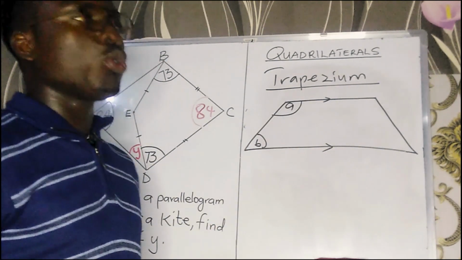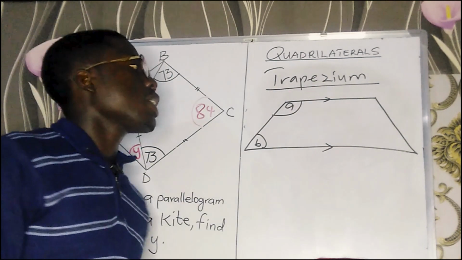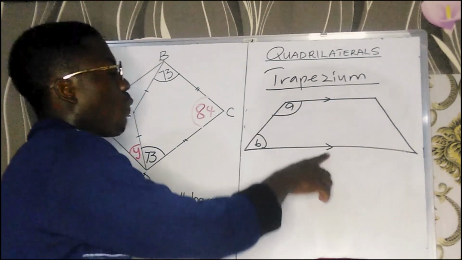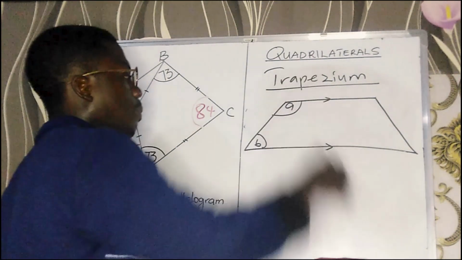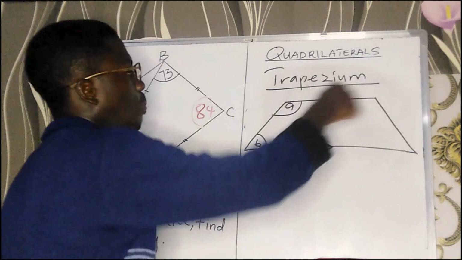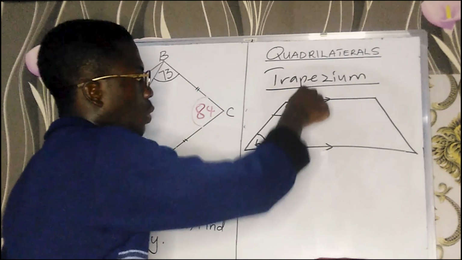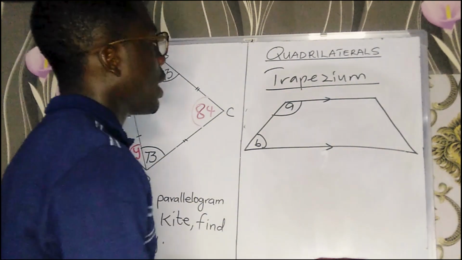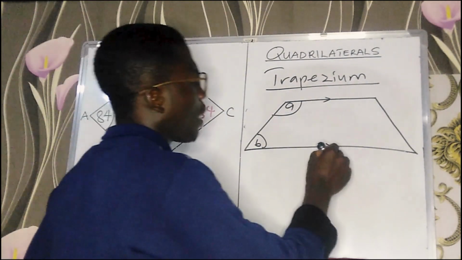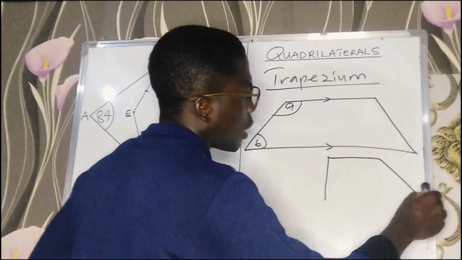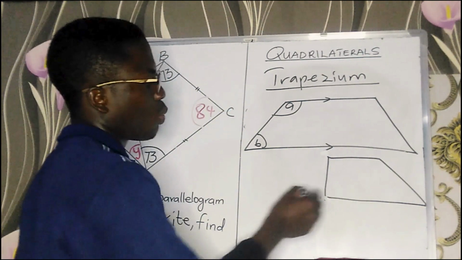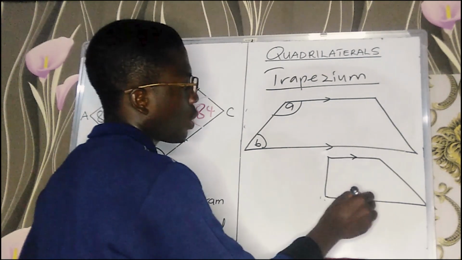So in a trapezium, two opposite lines are parallel. You can see this line is parallel to this one. So that is it on the board. And we could also have a trapezium drawn in this way. You could also have it in this way too. Good.